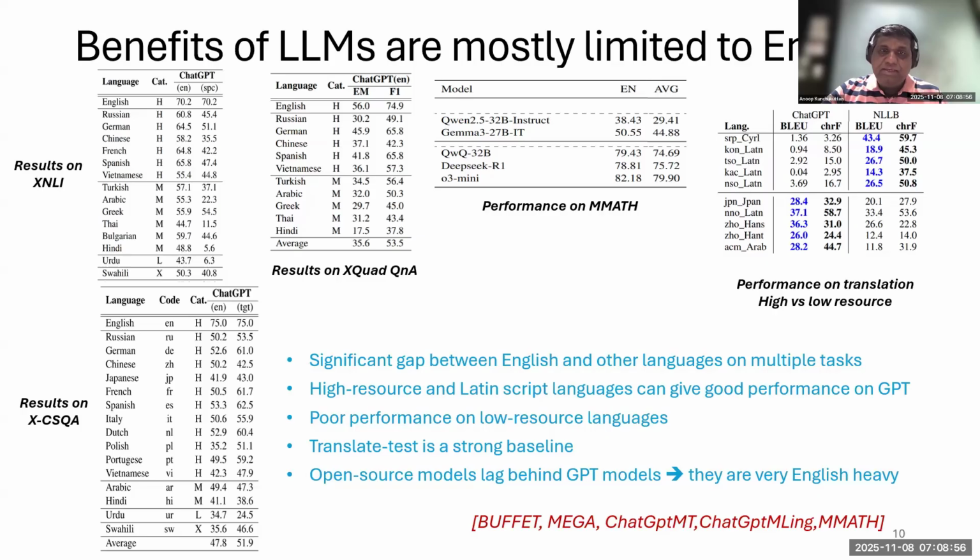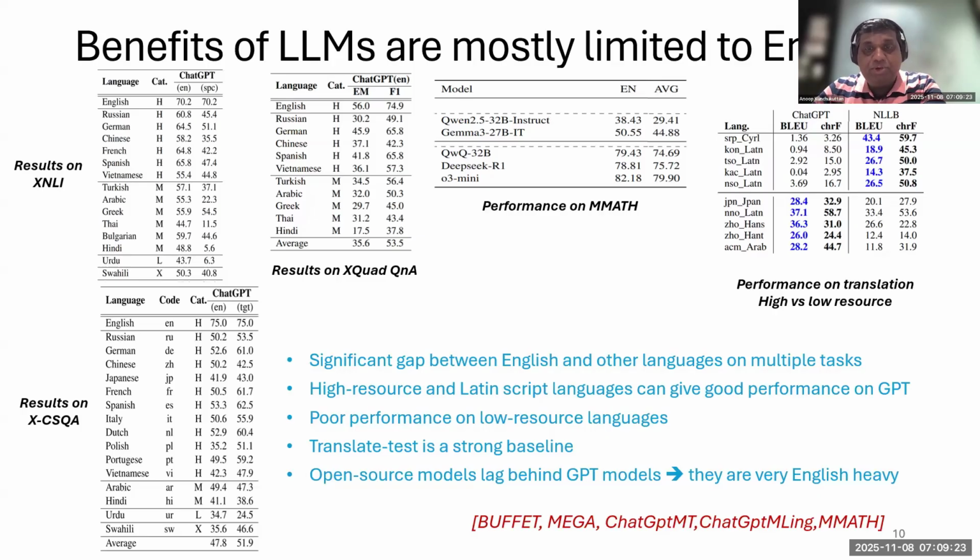And typically, the languages which are fairly high resource, and the ones which are using Latin script tend to still do better compared to the other languages. So many low resource languages which have very little corpora perform poorly, especially languages which are very different from English and don't use the Latin script. They are not that great.